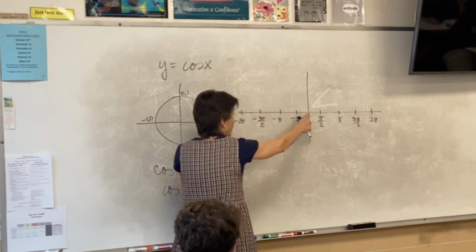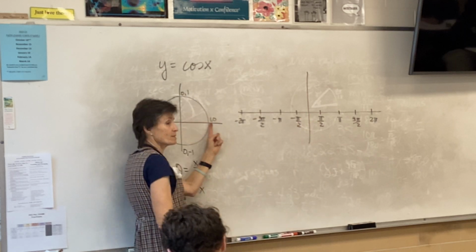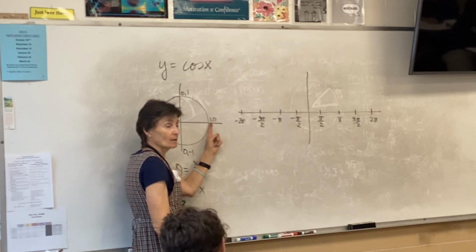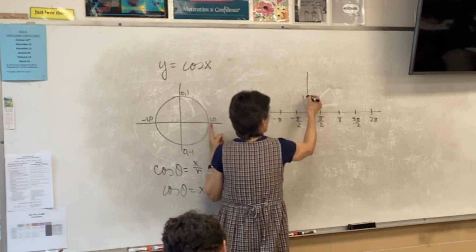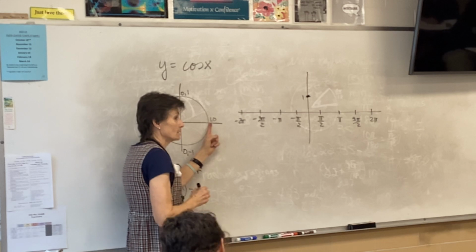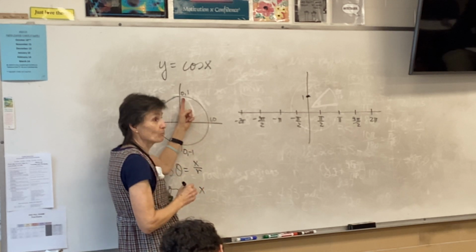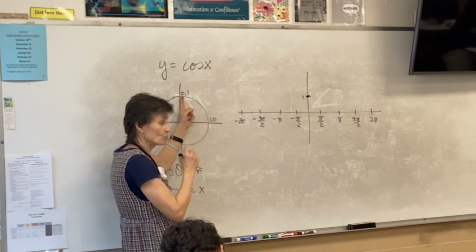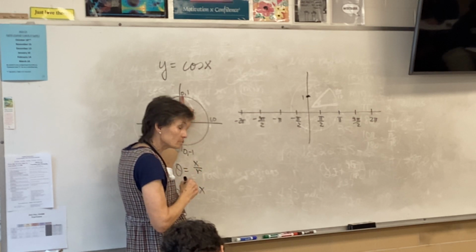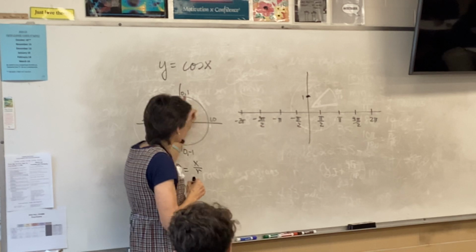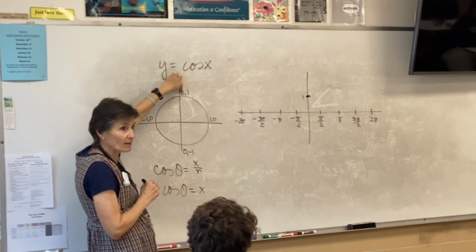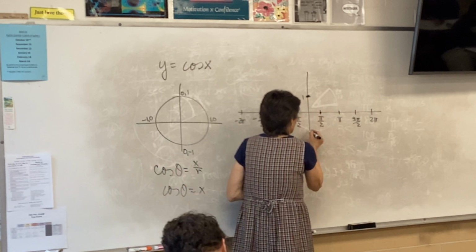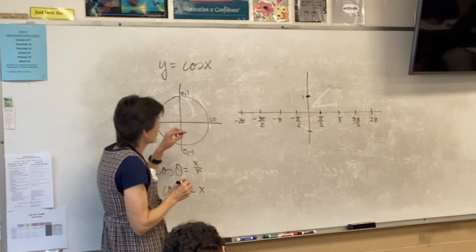So at 0, what is my cosine value? Cosine is x. So at 0, it is 1. What is it at pi over 2? What's my x value? 0. What about pi?